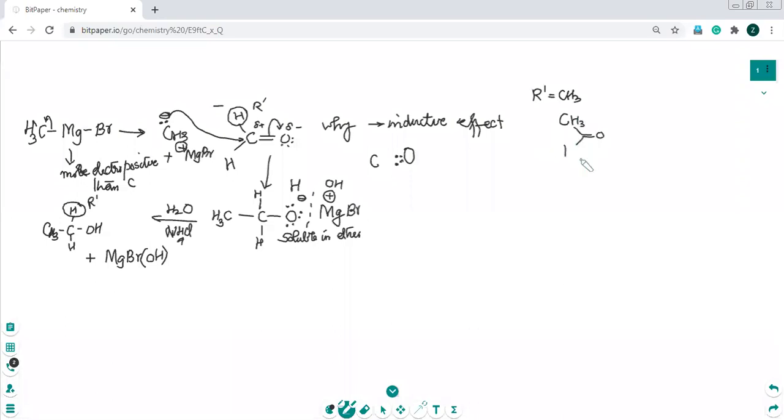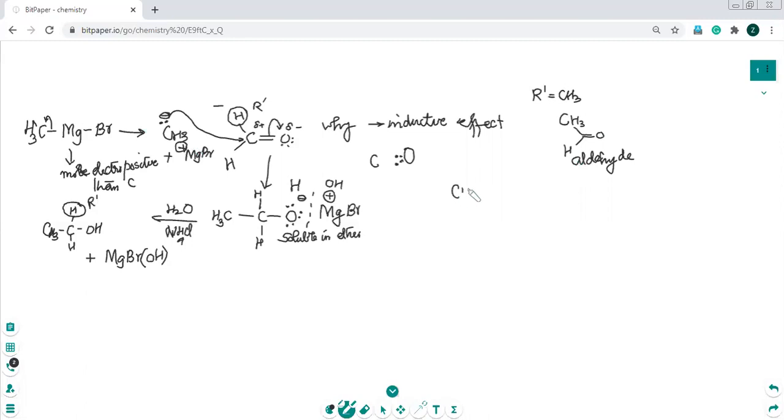This is an aldehyde. So this aldehyde, on reaction with the same sequence of reactions, will give you a secondary alcohol. I will write the equation if you require it.